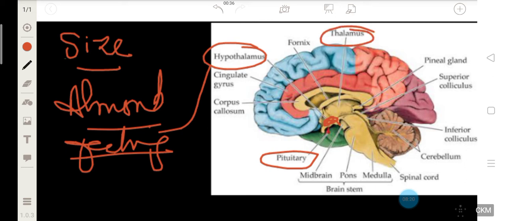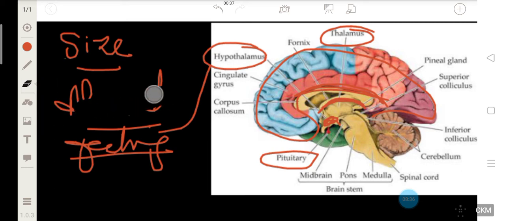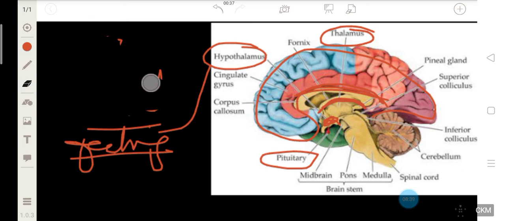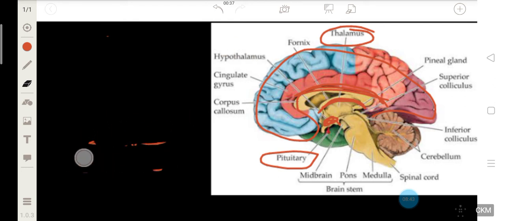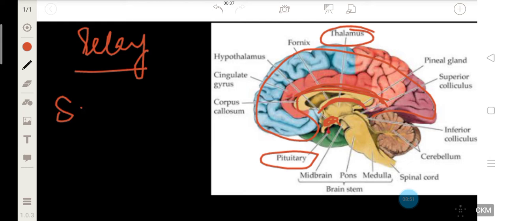Now let's discuss the thalamus. This is the thalamus, and it lies just below the cerebrum and above the hypothalamus. If we discuss its function, one of the major functions of the thalamus is that it acts as a relay system between the spinal cord and the brain.